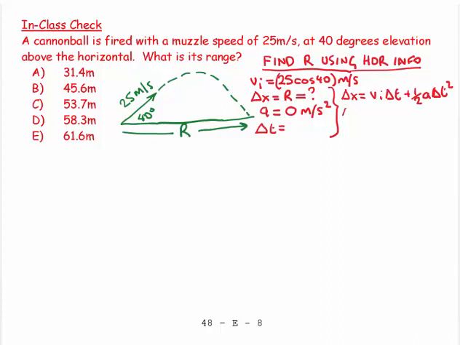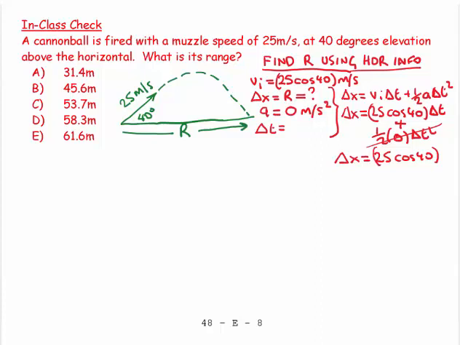So I say delta x is equal to vi, 25 cosine 40 times delta t, plus 1/2 times 0 times delta t squared. So the second term goes away. So delta x is equal to 25 cosine 40 times delta t.